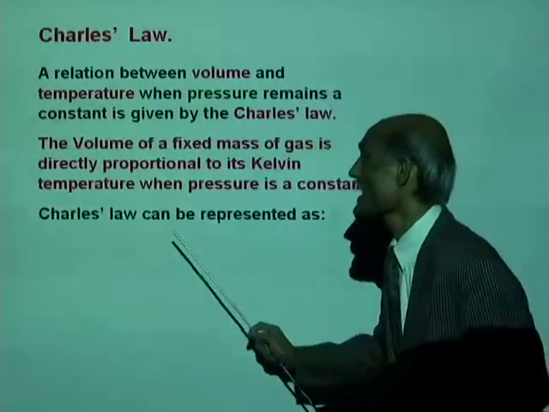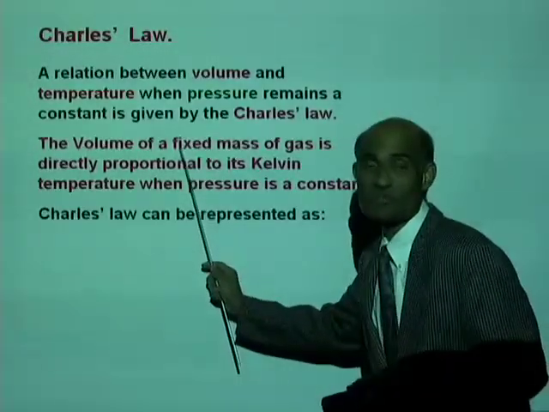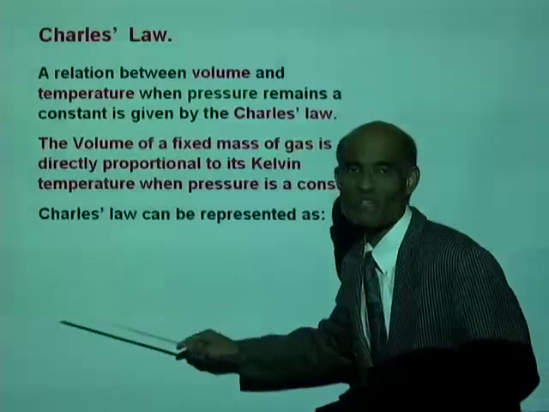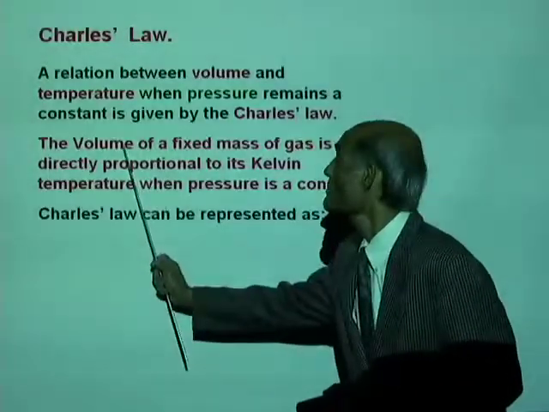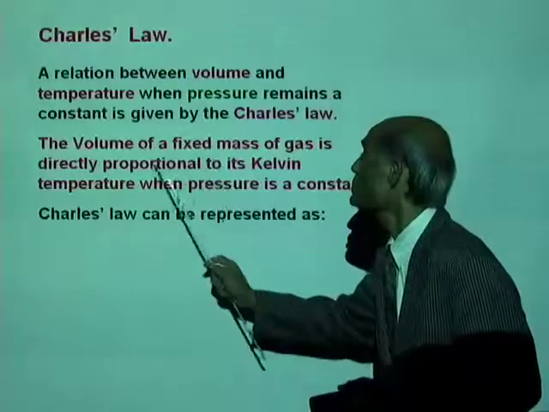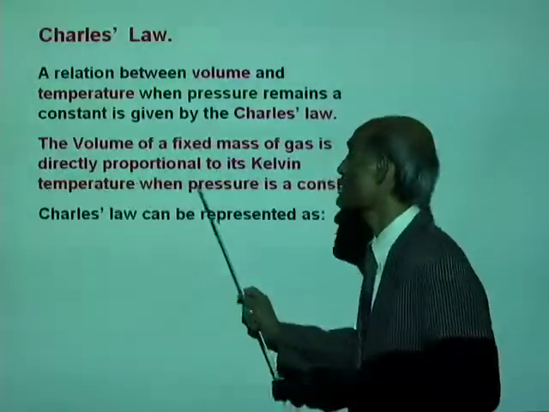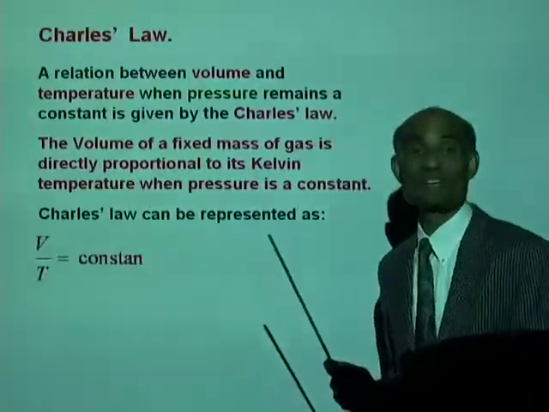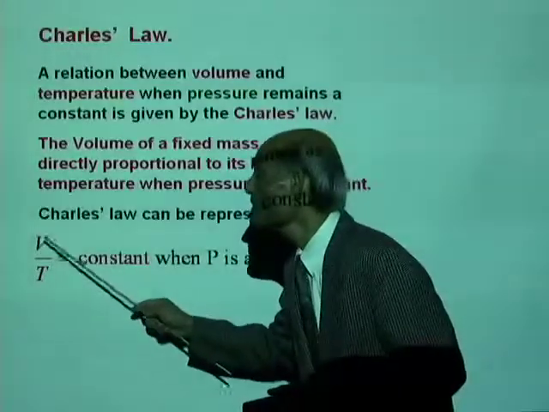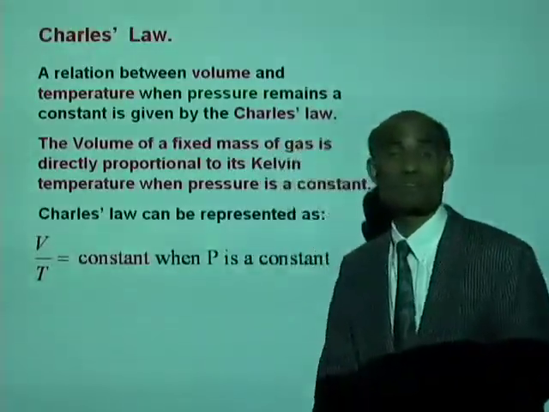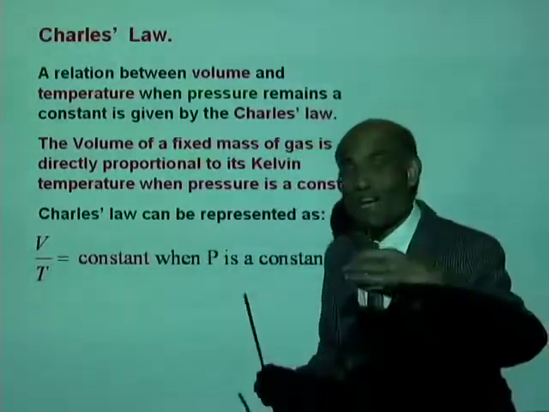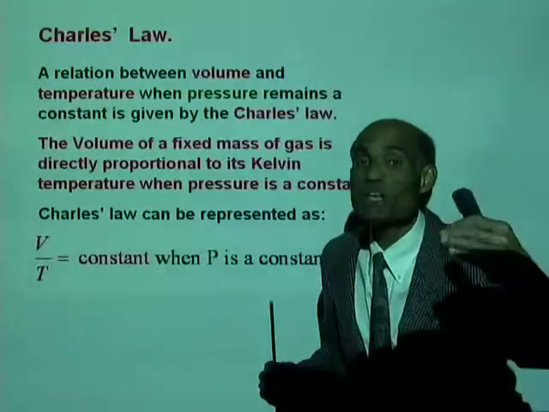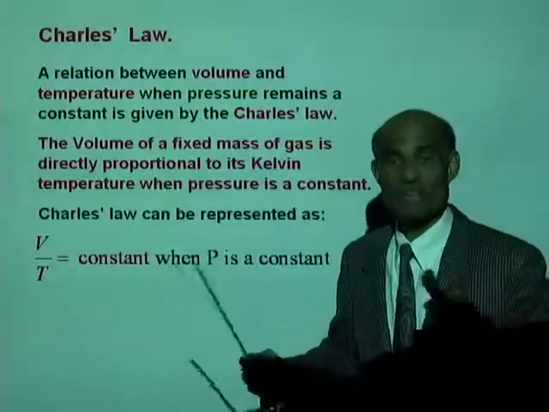Can you represent this law just like we did earlier? Volume is directly proportional to the Kelvin temperature when the pressure is a constant. It means V over the Kelvin temperature is a constant, just like earlier we found P over the Kelvin temperature is a constant.